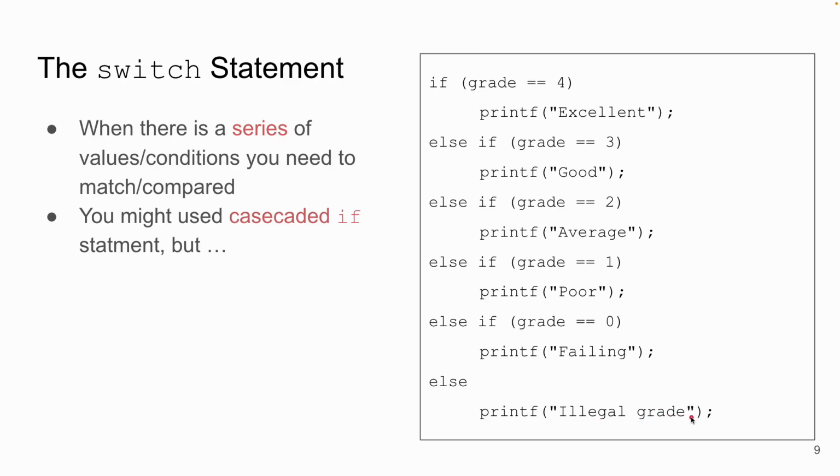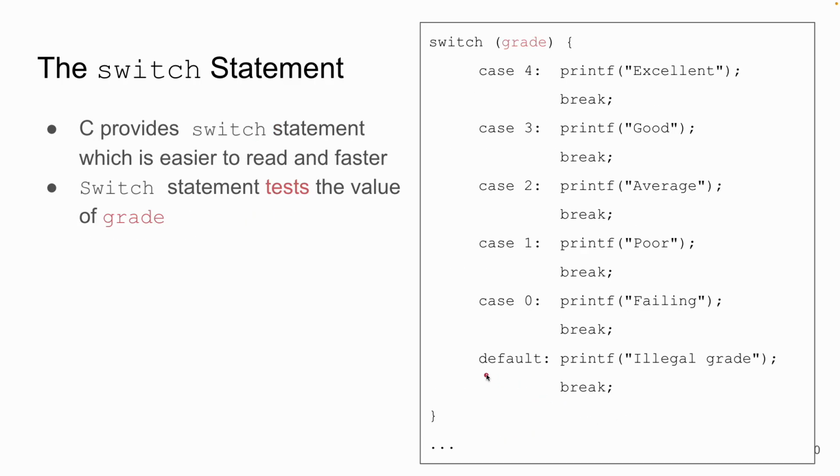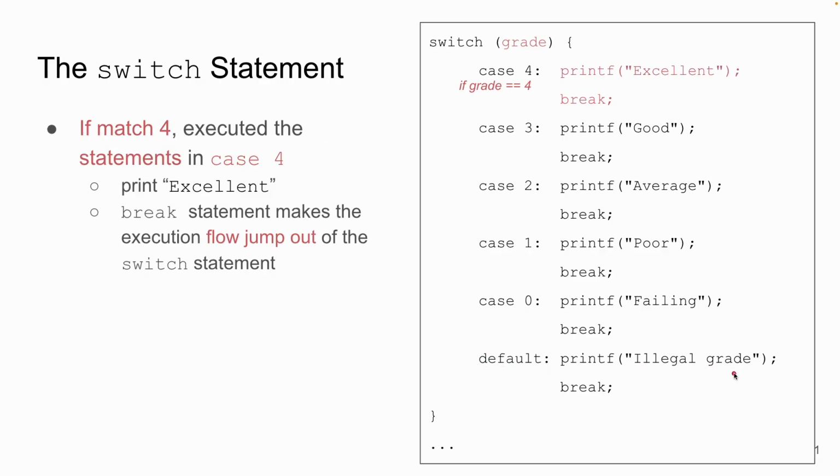Then it will print out the illegal grade message. And also we have a case called default. The default case means that if the value of the grade does not fall into one of the cases here, we will go to the default case and print out the message here.